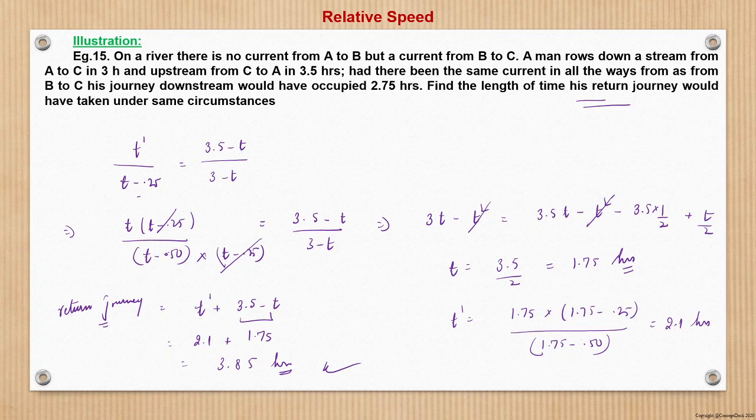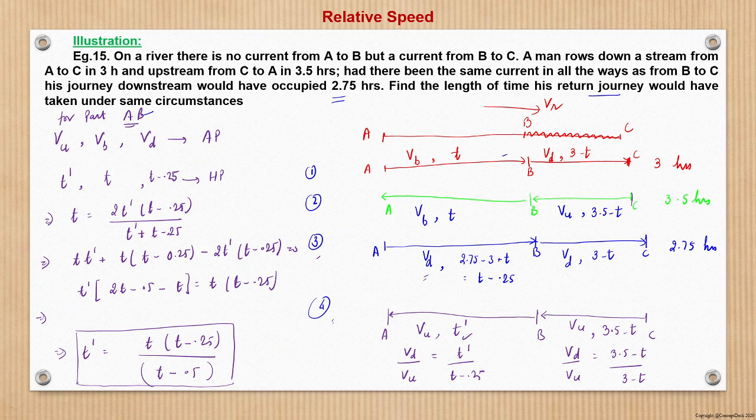So this was lengthy, and a bit conceptual also. So the concepts which we used, let us again revisit those. Basically, it is given that in the first case, in the AB part, there is no speed of the river, but in the BC part, there is a speed of the river.